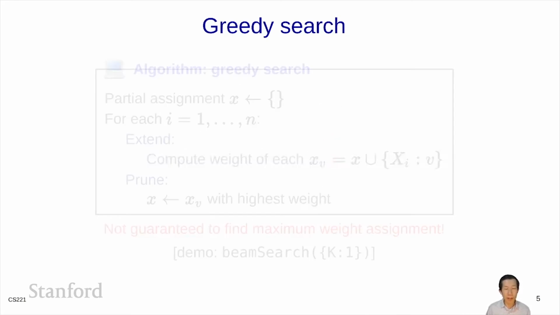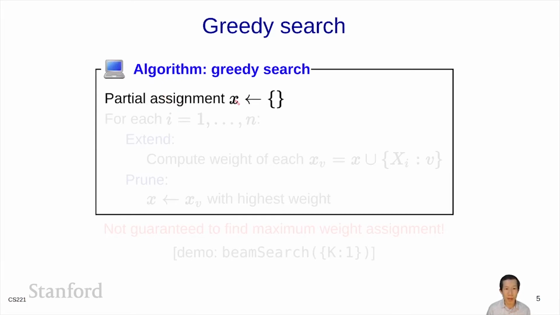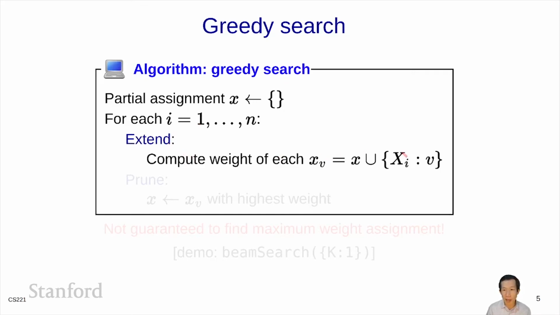Formally, greedy search starts with a partial assignment, which is empty, and then goes through each of the variables x1 through xn. I try to extend the partial assignment to set xi. For each possible value that I can assign xi, I form a potential candidate partial assignment, call it xv.